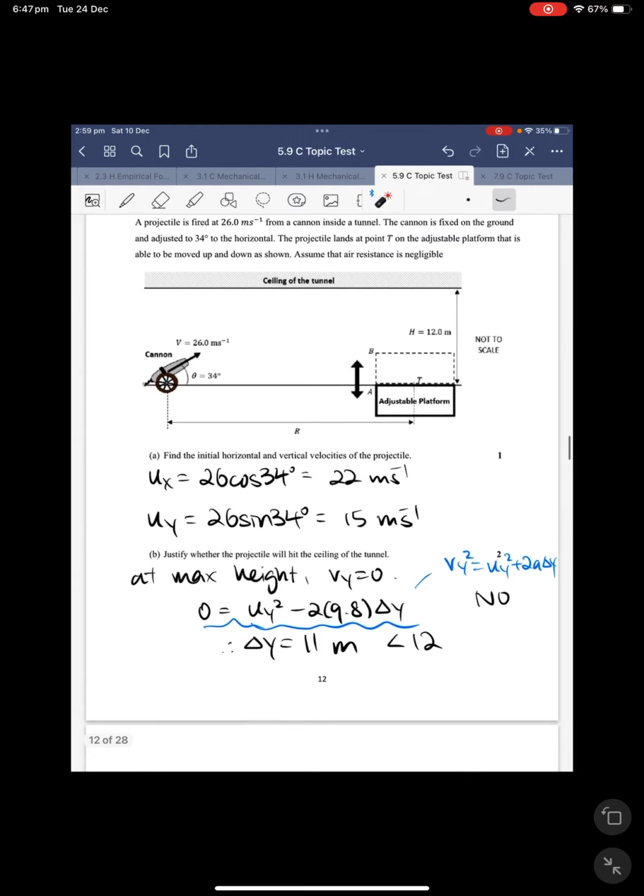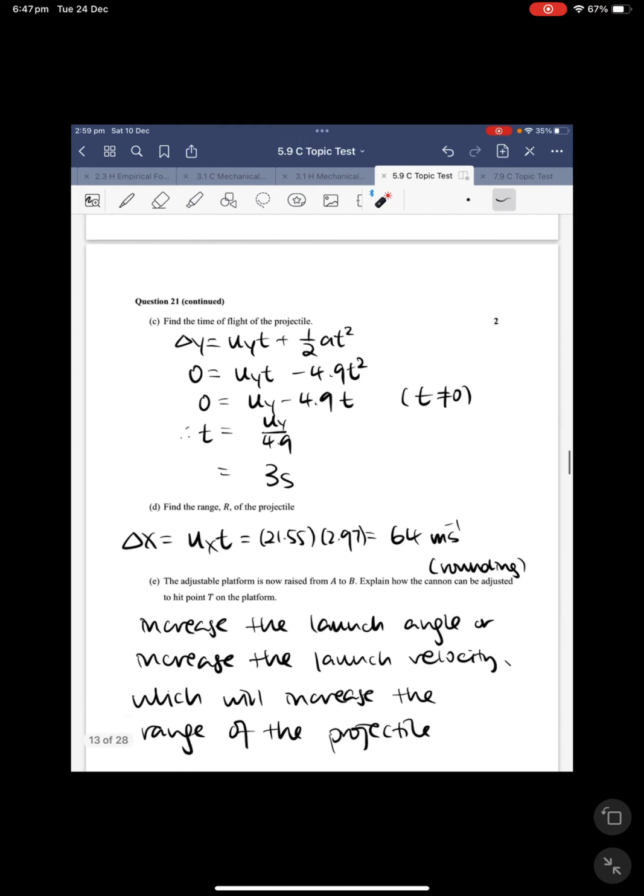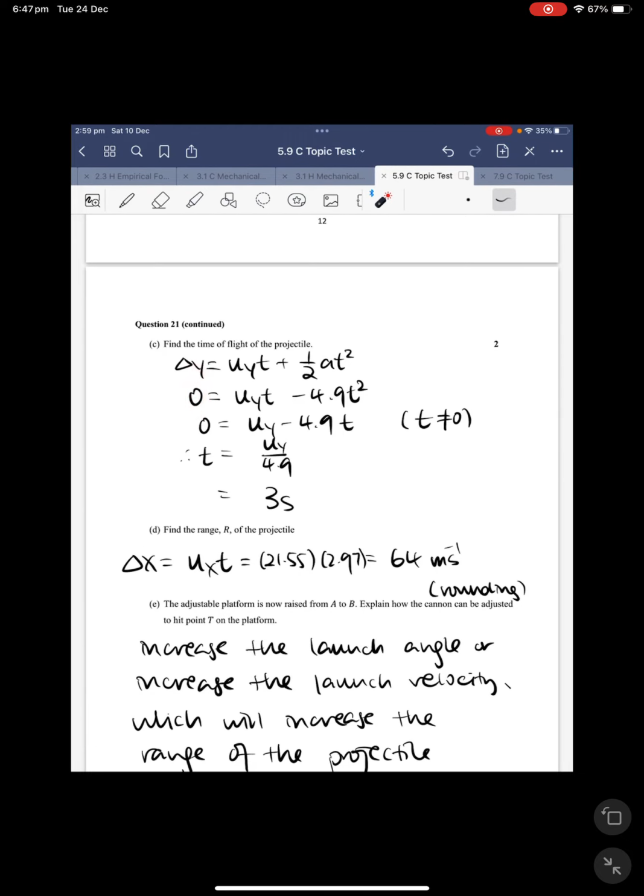Because it has no vertical height. So we can substitute that in. 0 equals u_y t minus 4.9 t squared. Minus 4.9 is simply just half g. It's minus because gravity is going down. We can divide through by t since t is not equal to 0. And then we can rearrange to solve for t, and you should get that t is equal to 3 seconds.